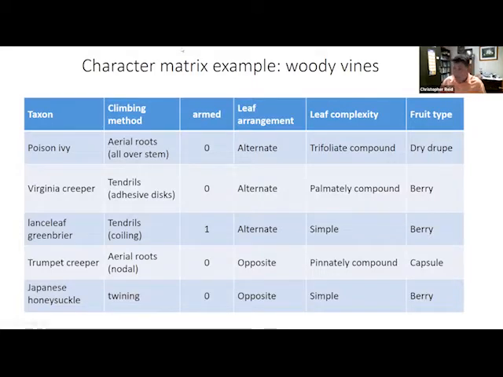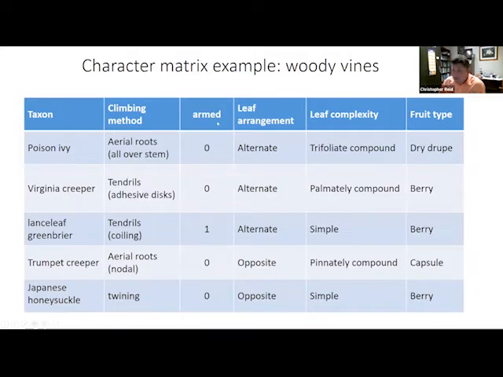So with woody vines, we have poison ivy, Virginia creeper, one of the greenbriers, trumpet creeper, etc. When it comes to woody vines, the characters that I thought would provide some meaningful variation are climbing method, whether it's aerial roots, twining, tendrils, etc. Some of these species, well, actually just one, greenbrier, is armed.